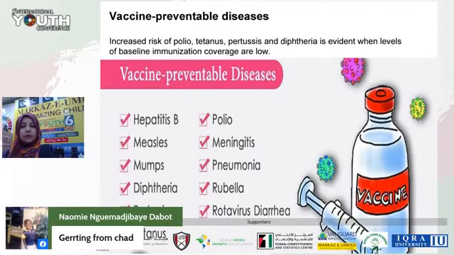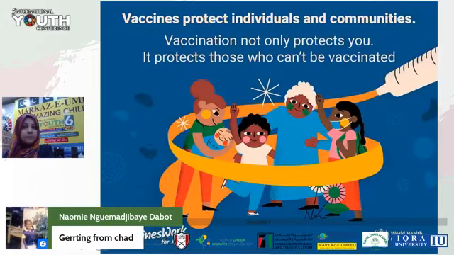And then when we talk about vaccine preventable diseases, increased risk of polio, tetanus, pertussis, and diphtheria is evident when levels of baseline immunization coverage are low. Some vaccine preventable diseases are hepatitis, polio, pneumonia, diphtheria, rotavirus. These are all vaccine preventable diseases, and we have to vaccinate our people to avoid them. Vaccines protect individuals and communities.